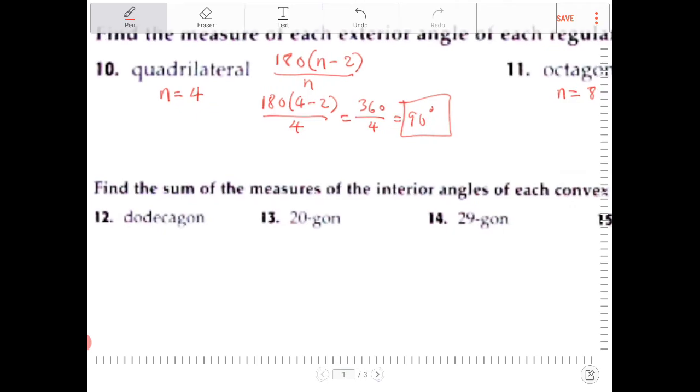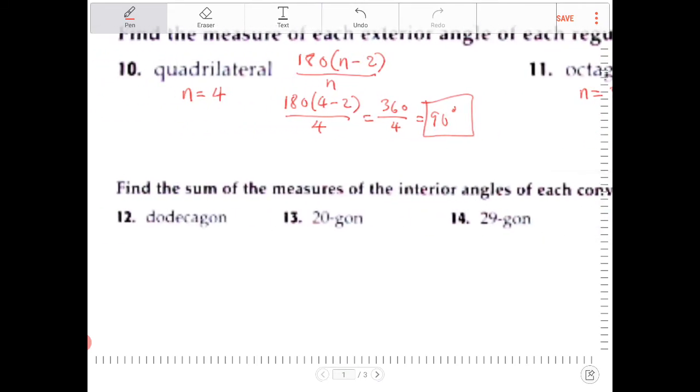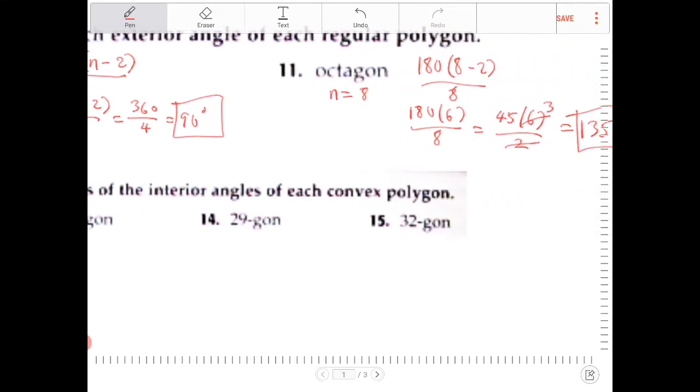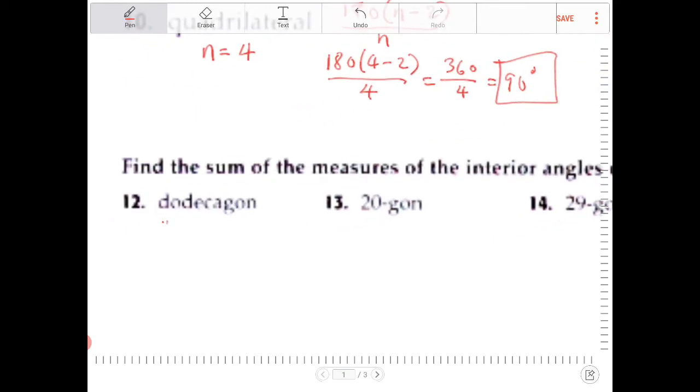Find the sum of the measure of the interior angles of each convex polygon. So this is, again, applying just 180 times n minus 2. A dodecagon is 12.